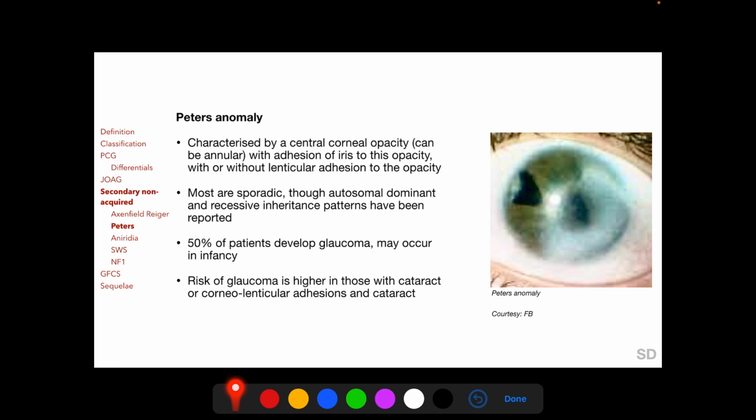So here we see the iris is also adhered to the corneal opacity, and this is actually a surgical iridectomy done. Most cases of Peters anomaly are sporadic, and as many as 50% of patients develop glaucoma, which can occur in infancy, and the risk is higher when the crystalline lens is also involved in the lesion as a cataract and or as corneolenticular adhesions.